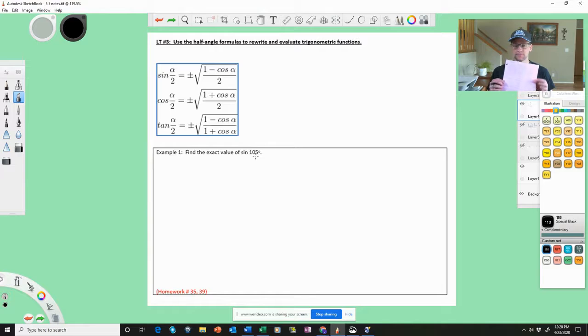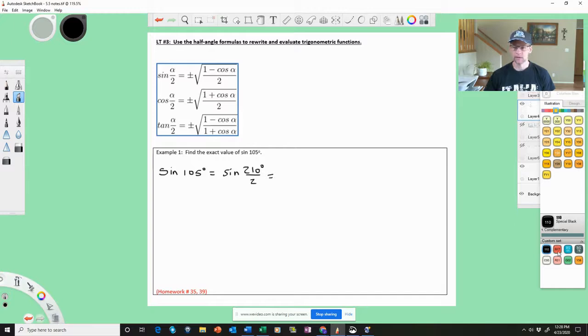If you were to look on your unit circle, you would not find 105 degrees on here. However, you do see 210 degrees. So we can use this notion to find the exact value of the sine of 105. We'll do it this way. We're going to say that the sine of 105 degrees is the same thing as the sine of 210 degrees divided by 2.